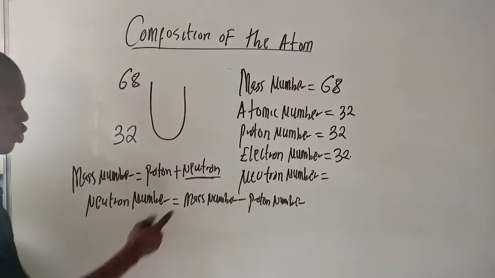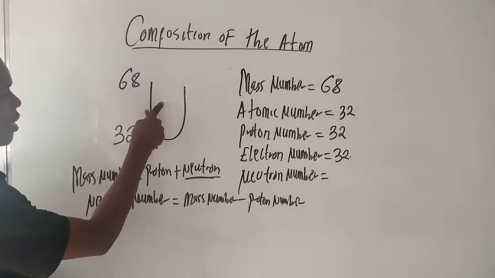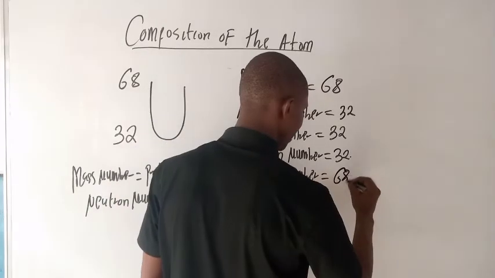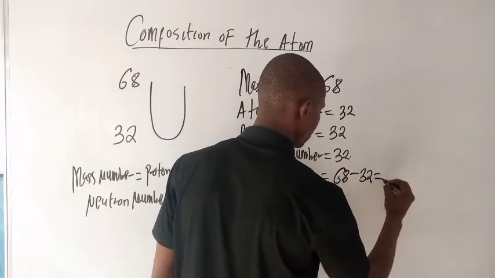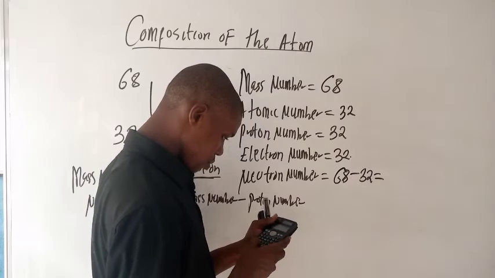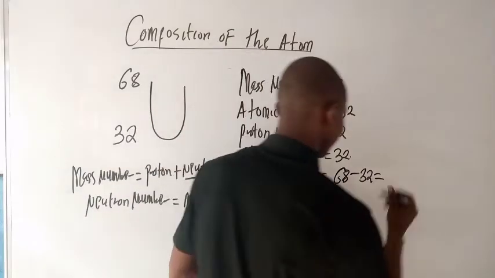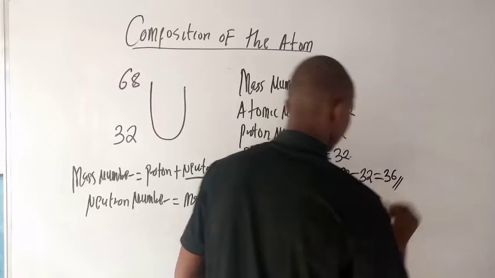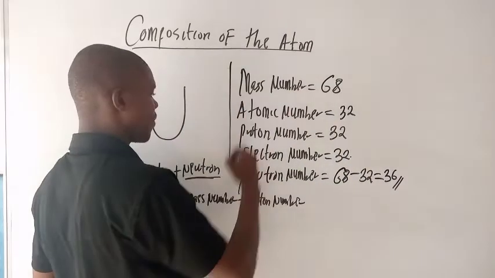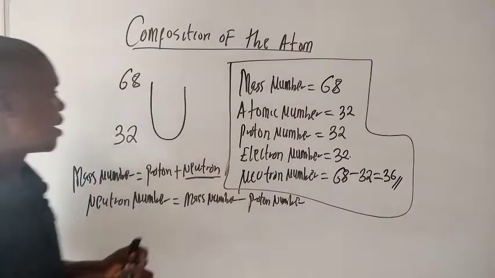For me to get the neutron number of this atom, you have to do 68 minus 32. What will be the answer? It is 36. So these are the various compositions of the element U.